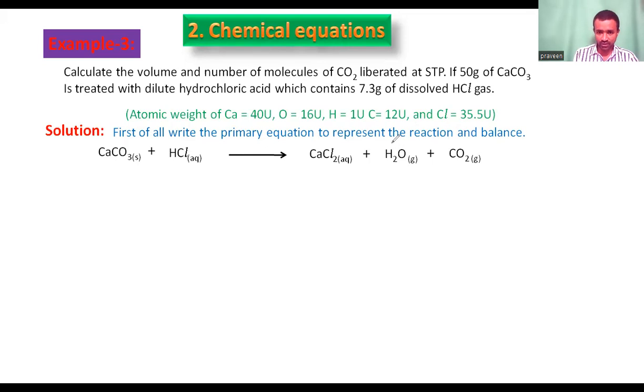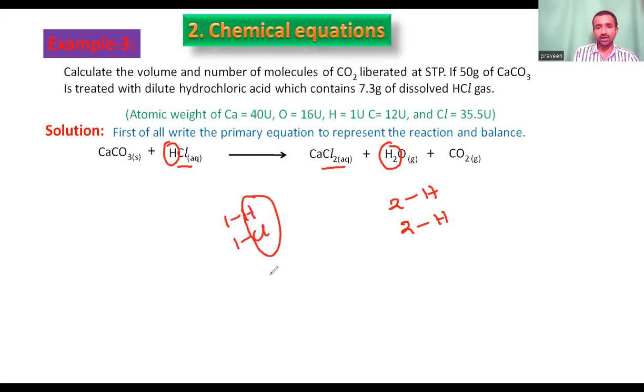There is a difference in the counting of hydrogen and also chlorine. On the right side, 2 hydrogen atoms and 2 chlorine atoms. On the left side, 1 hydrogen atom and 1 chlorine atom, and both together are given as HCl. So what do you need here? 2. Then automatically you will get 2 hydrogens and 2 chlorines.